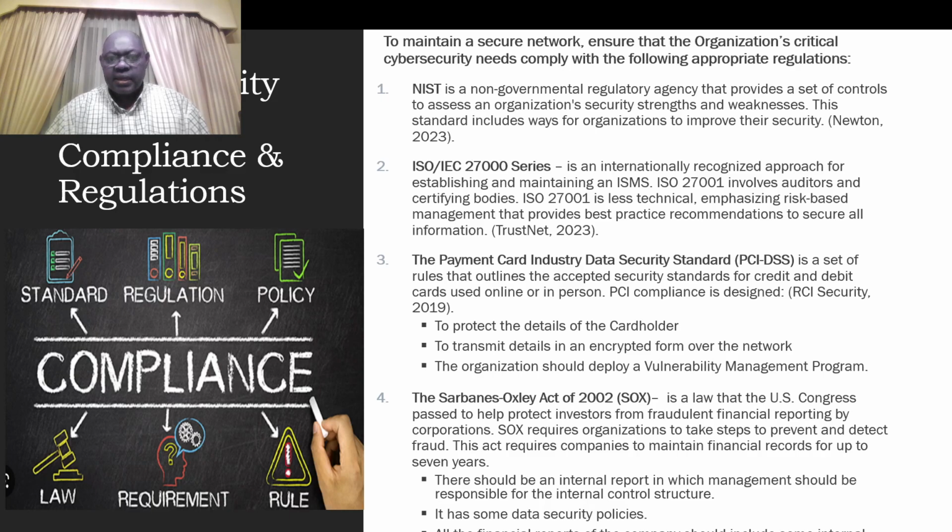It is designed to protect the details of the cardholder, and transmit details in an encrypted form over the network. The organization should deploy a vulnerability management program. And you compare this to the NIST regulation and the ISO regulation and see how it balances out.